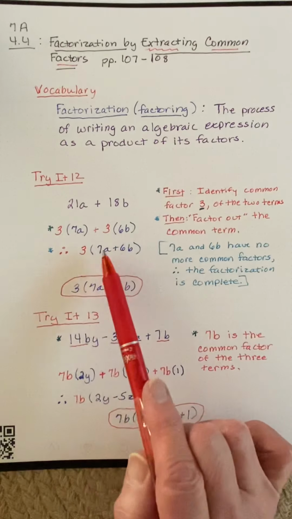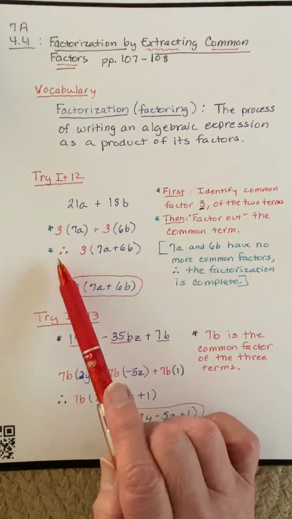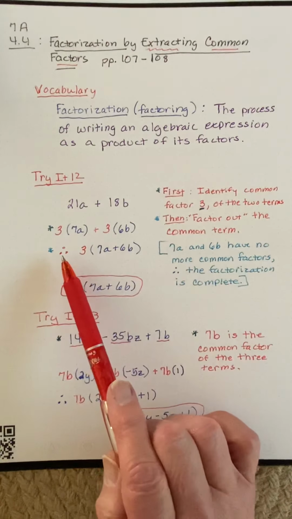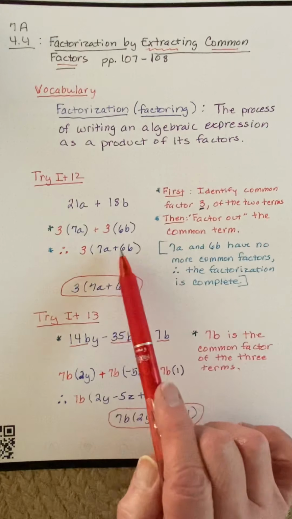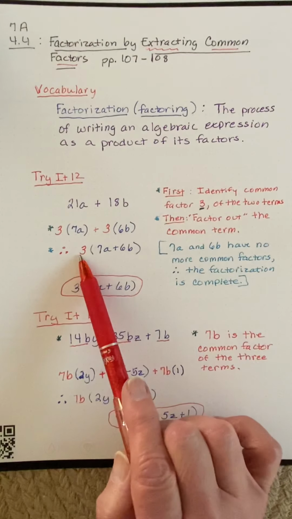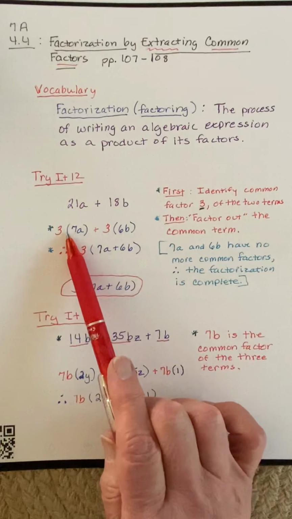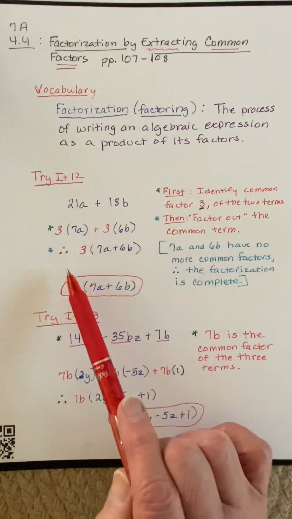Then, since 7a and 6b have no common factors between the two of them, I'm done. My factorization is complete. Therefore, my answer is 3 times (7a plus 6b). So 3 is the common thing that I took out of both terms, and then I'm multiplying it by the combination of 7a plus 6b, and that's my answer.